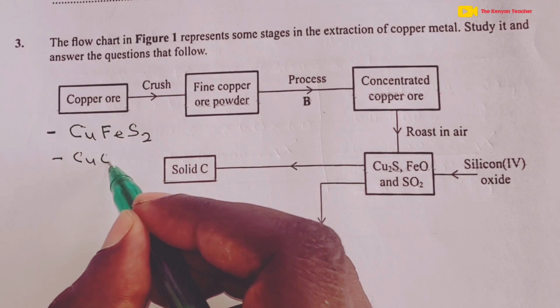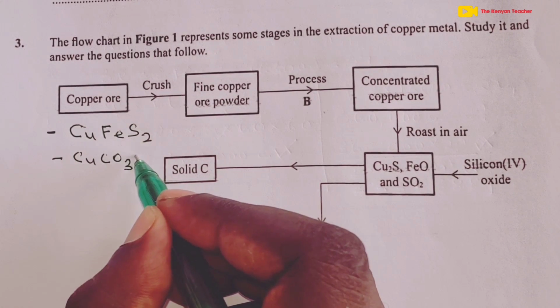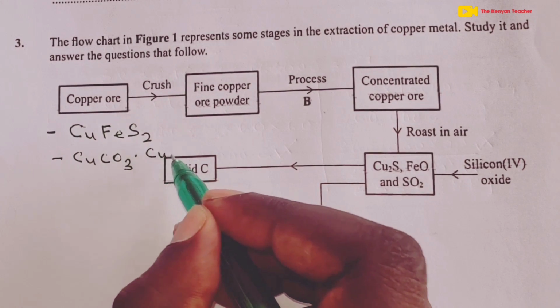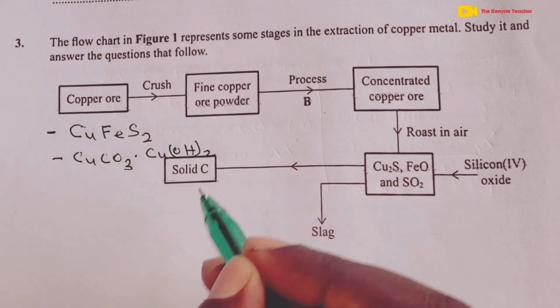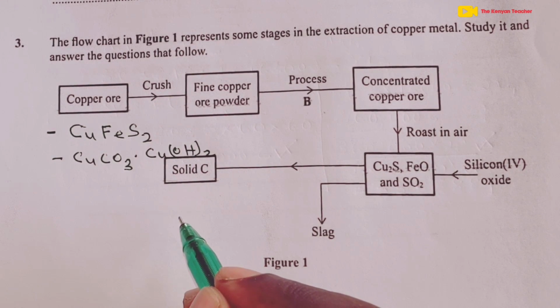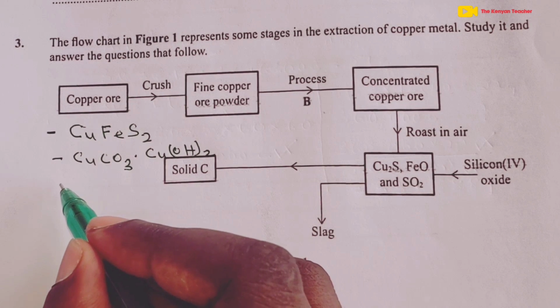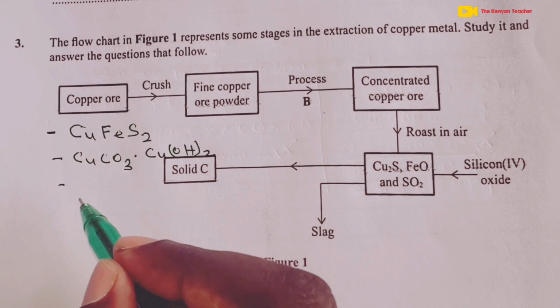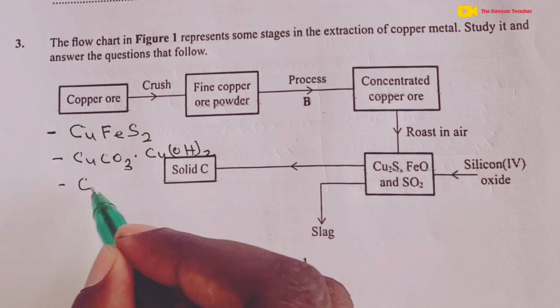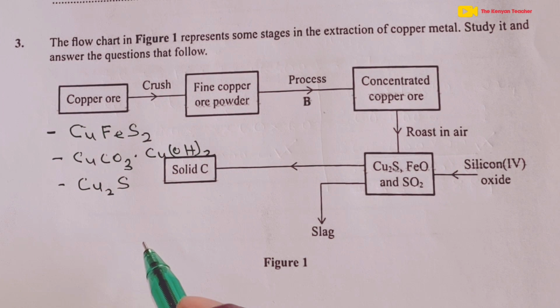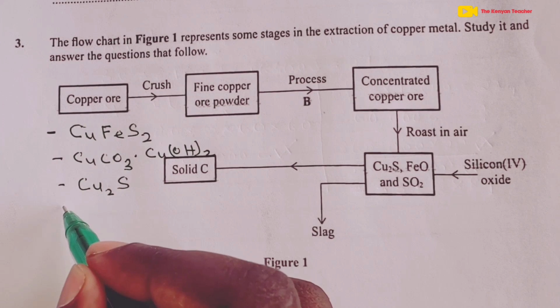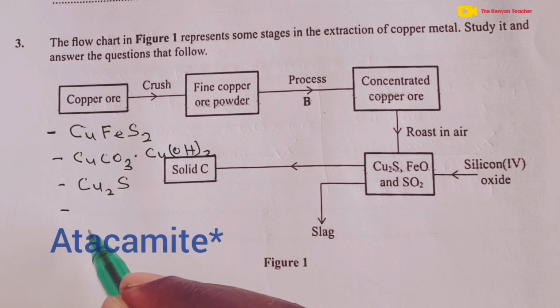Malachite has this formula here, and we call it basic copper carbonate. Then we have the next ore being chalcocite. Chalcocite is simply copper 1 sulfide.